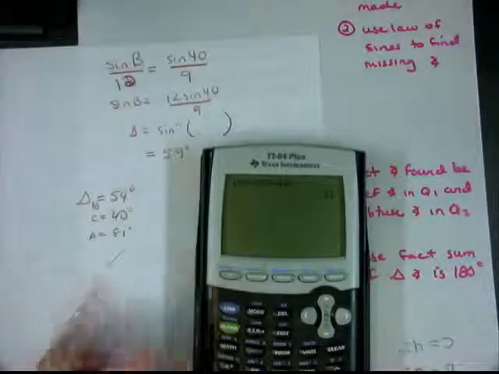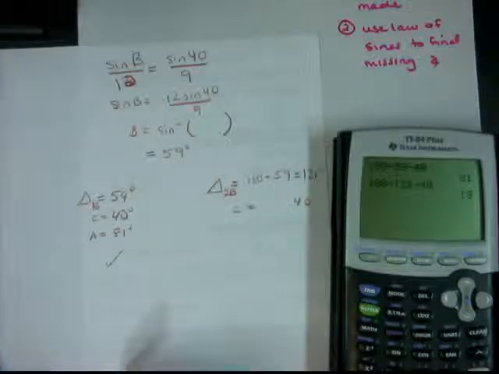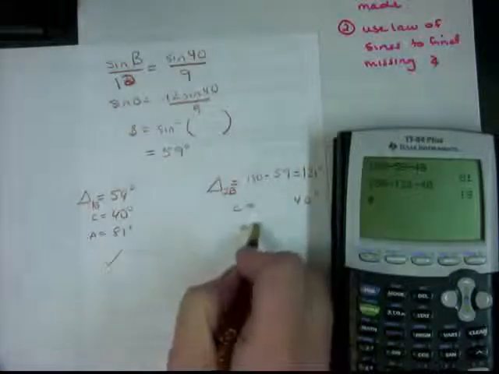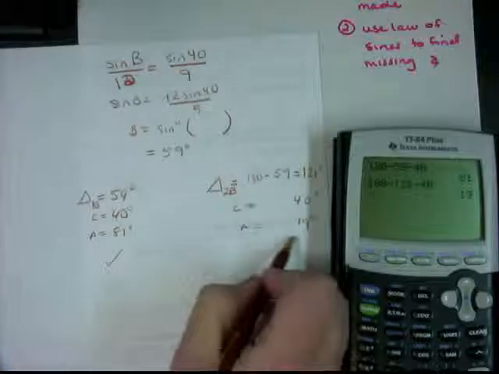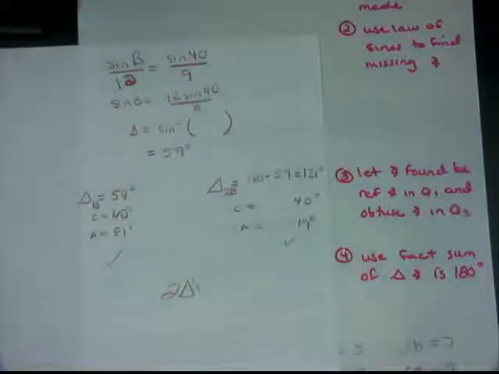So for sure, one triangle exists. Over here, I have 180, subtract 121 and 40, which means angle A would be 19 degrees. Two triangles exist, only because I can add them up to 180, and that's all we're looking for.